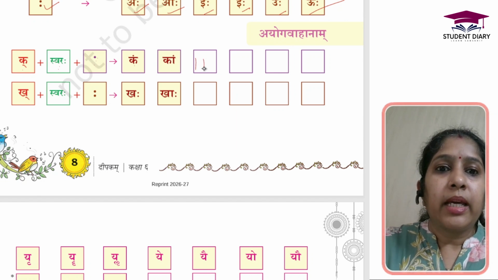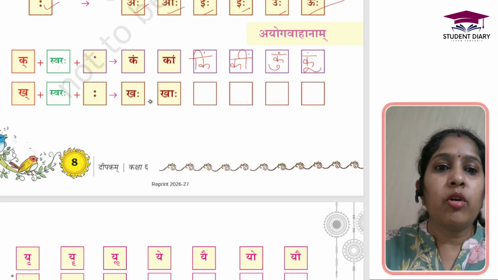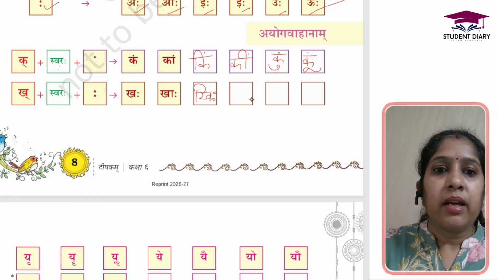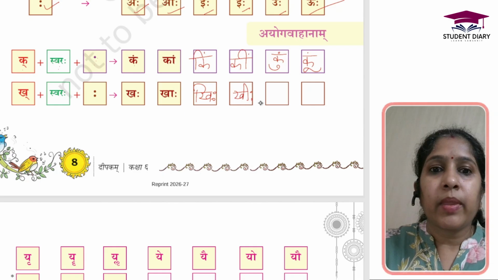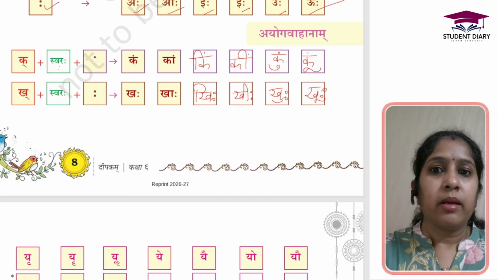Then it is going to be like kim, correct? Then it is going to be badi ee ki matra, so keem. Then it is going to be kum, correct? Same way for kha, if you want to make kha, kha, khe, correct? Then it is going to be kuhu, and then huhu, correct?